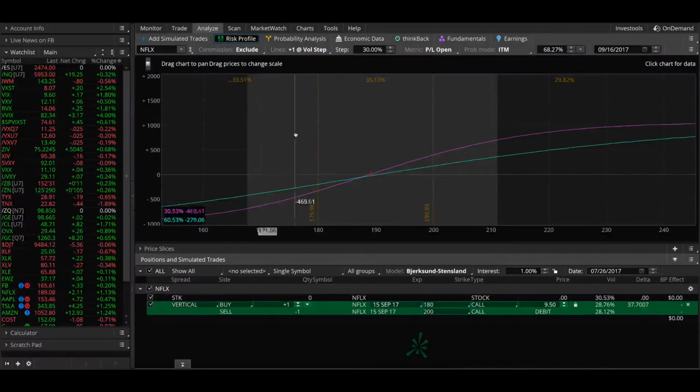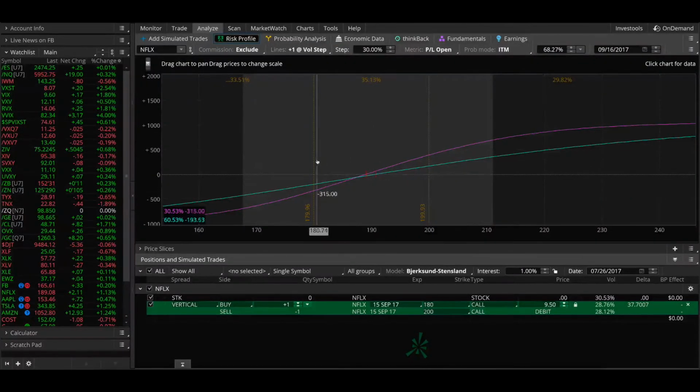Now I'm going to go over to the risk profile, and as we can see here, this first dotted line is the approximate location of the long call's strike price of $180, and this second line over here is the location of the short call strike. So that in this case is 200. Now we can see there are 2 curves here.